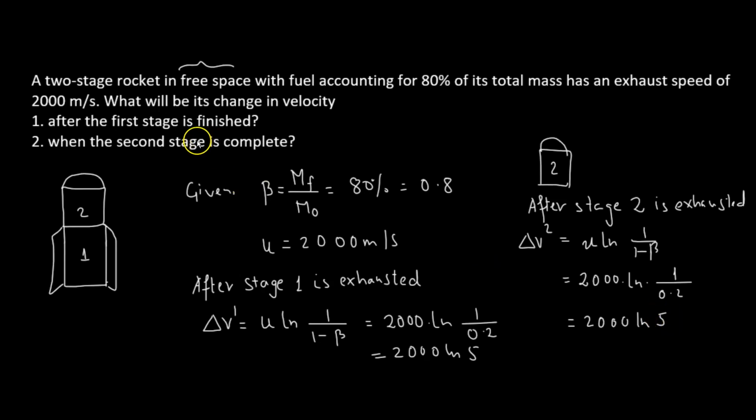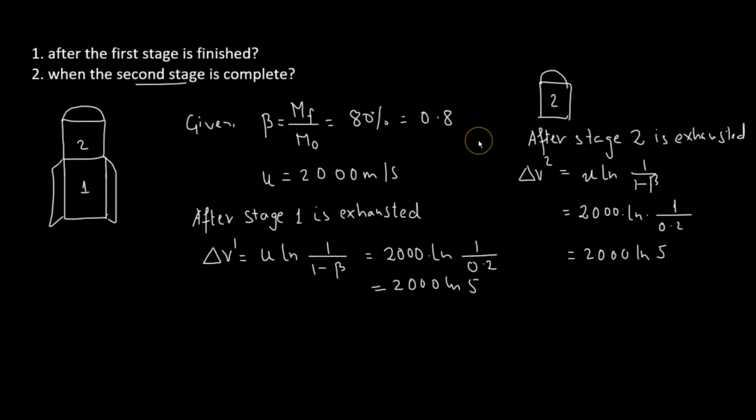Now we have to find the total change in velocity when the second stage is complete. So v final will be equal to v2 minus v0. This will be the total velocity change. That's equal to v2 minus v1 plus v1 minus v0.